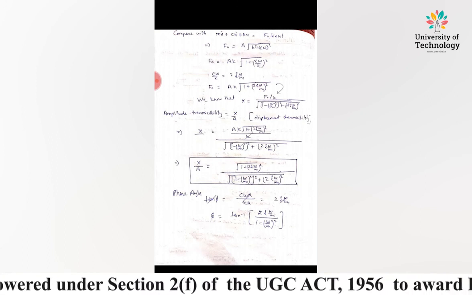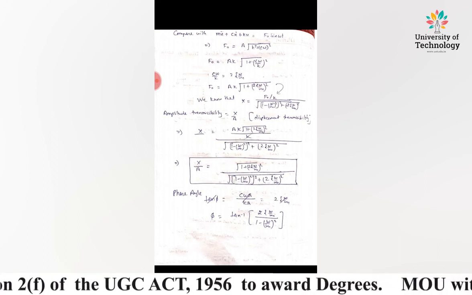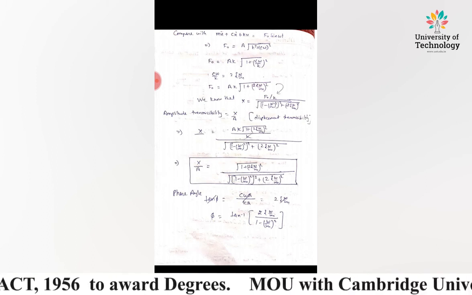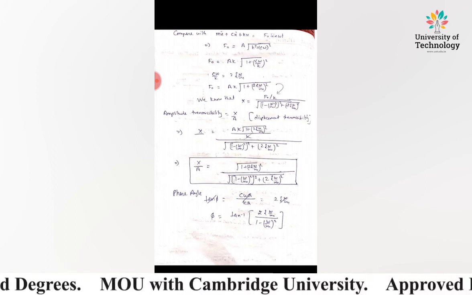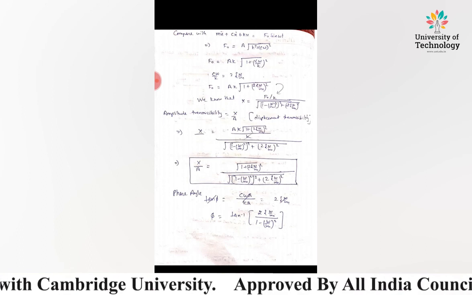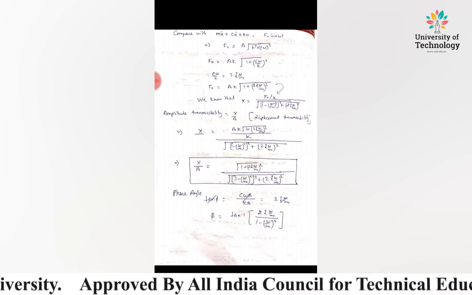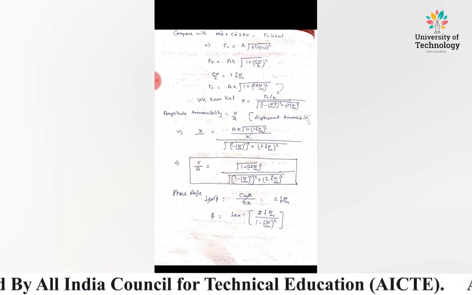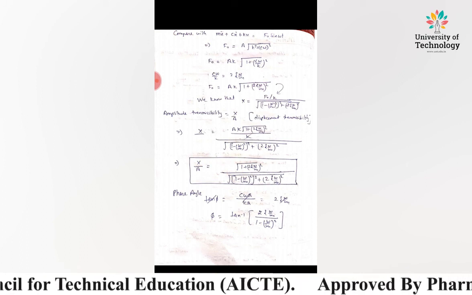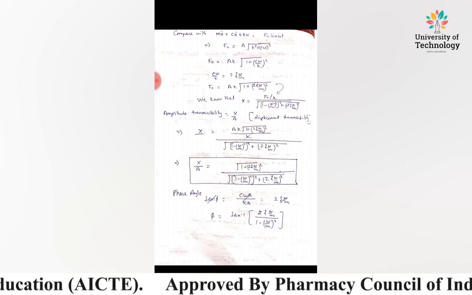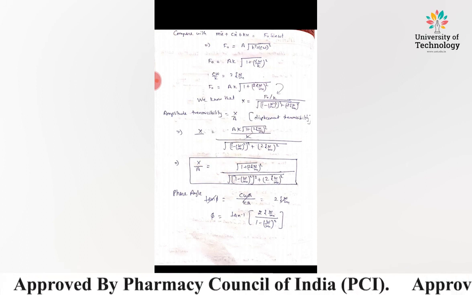We know that the amplitude is equal to f naught by k upon the root of (1 minus (omega by omega n) square) whole square plus (2 zeta omega by omega n) whole square. Then we get the amplitude transmissibility by kx by A.